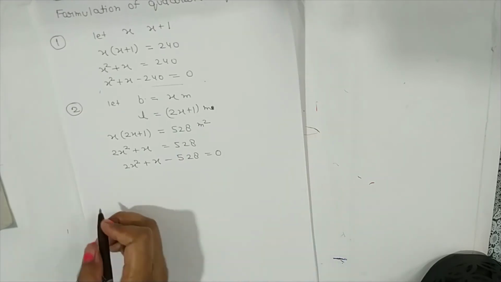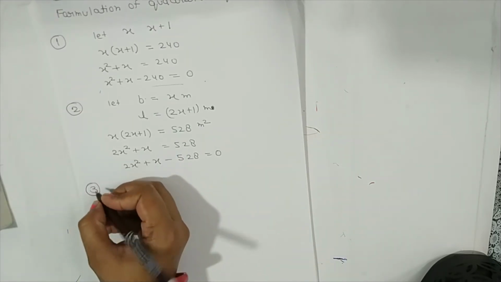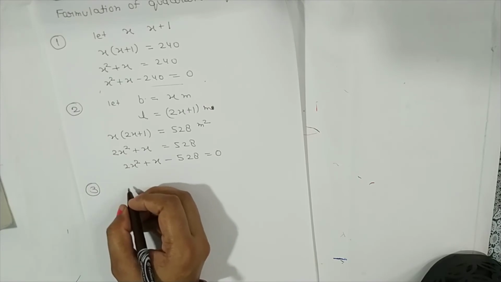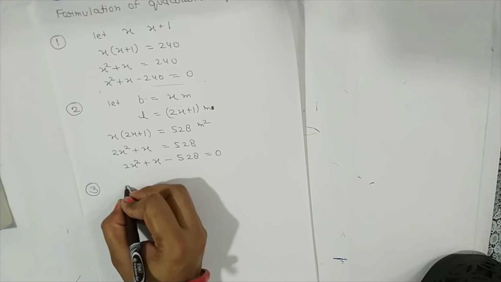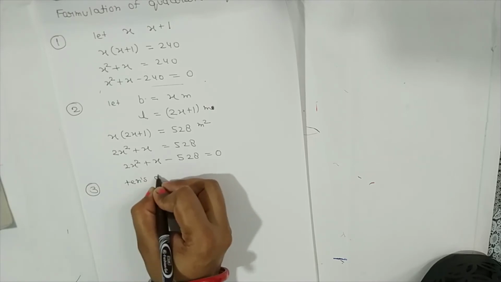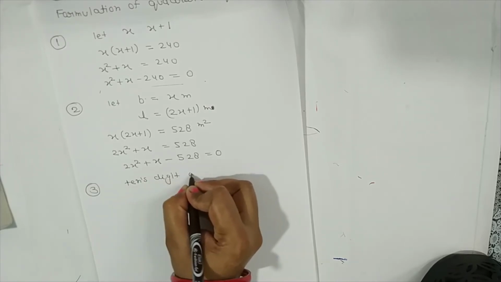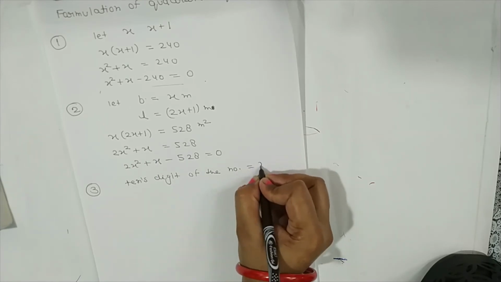Next question. A 2-digit number is such that the product of the digits is 12. So let's say the tens digit of the number is x.